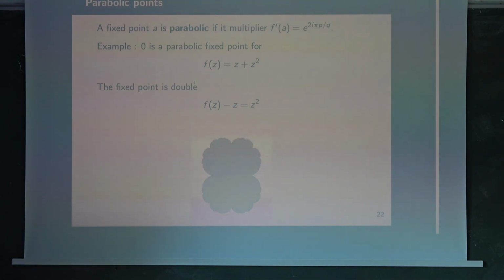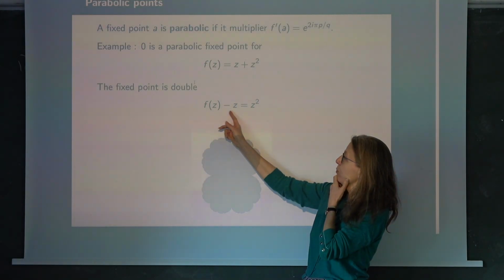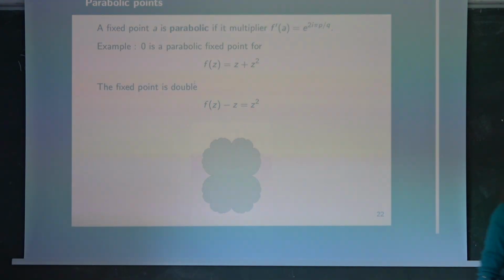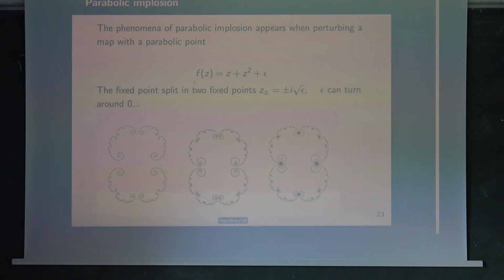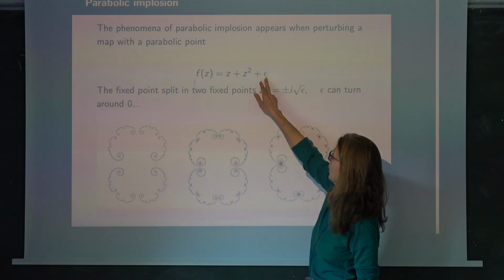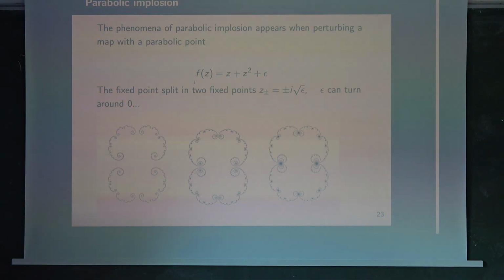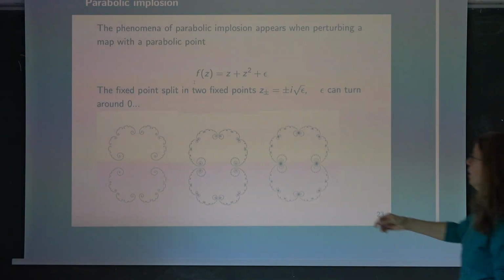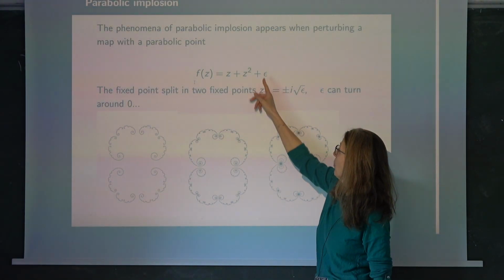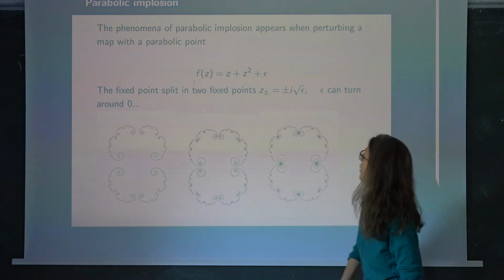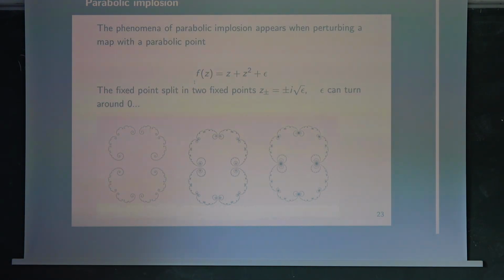And what is special for parabolic? The point is a double fixed point. 0 is a double fixed point. If you perturb a double fixed point, if you add epsilon, you will not be able to follow this fixed point. When you look at fixed points nearby, you have a solution like this, with a square root of epsilon.